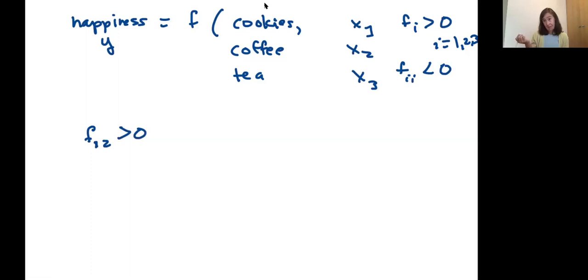And symmetrically, because cross partials always are, the better those cookies, the more I'm going to appreciate a really lovely, delicious cup of coffee. Okay? The argument I'm making about the cross partial here reflects the fact that I think that cookies and coffee are complements.